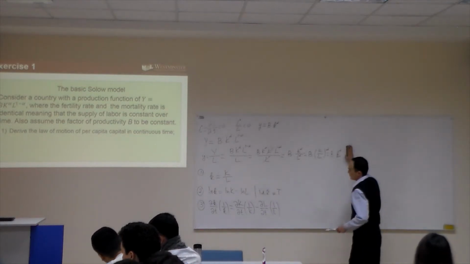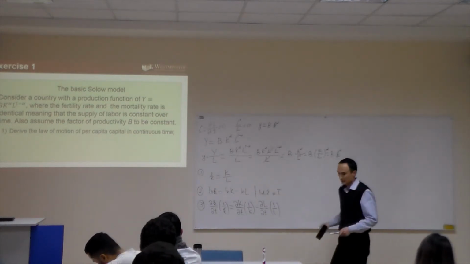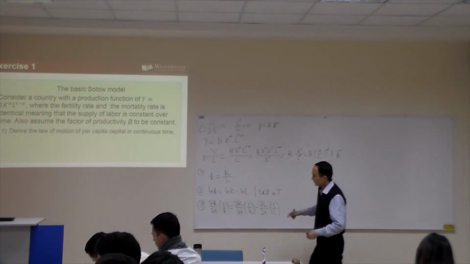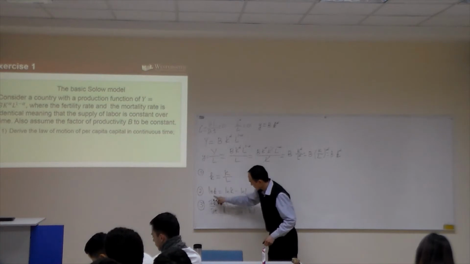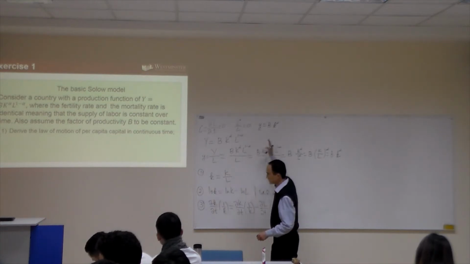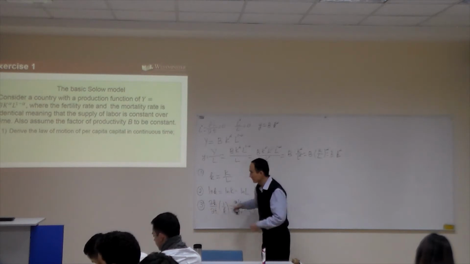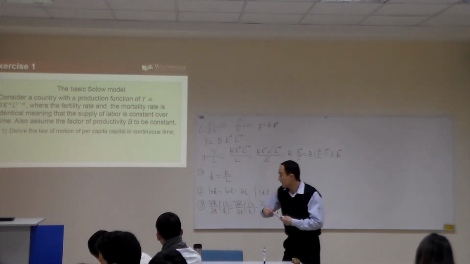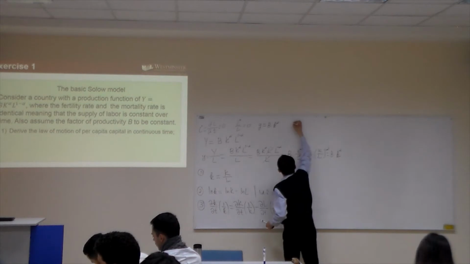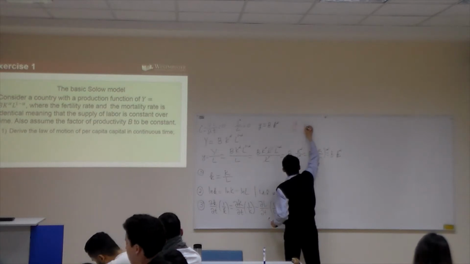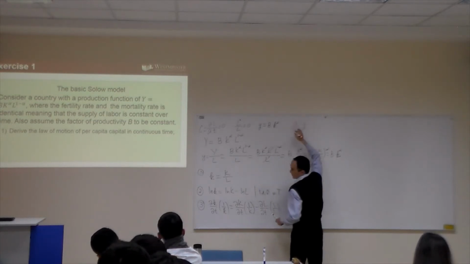So this one we already know, right? Oh, let me keep it. Okay. So look, in order not to write these changes with respect to time many times, let's give one symbol to represent it. Let's say that change in per capita capital with respect to time gives the symbol per capita capital dot.